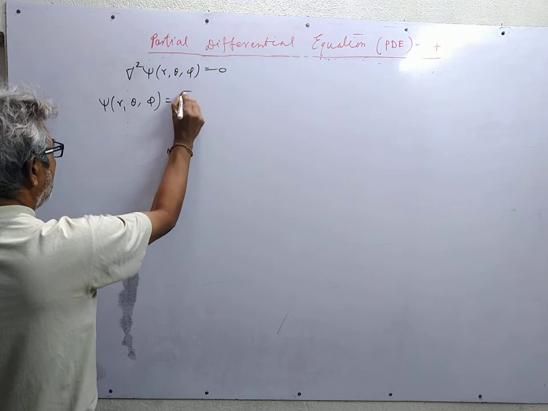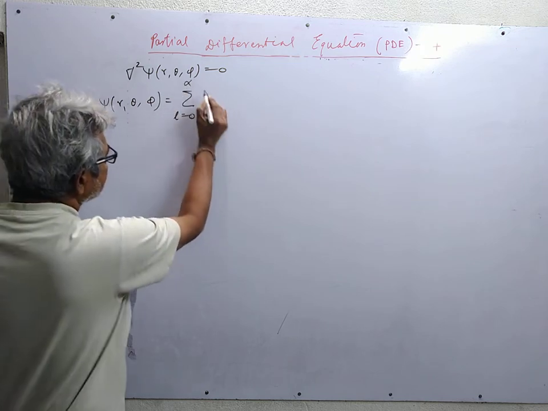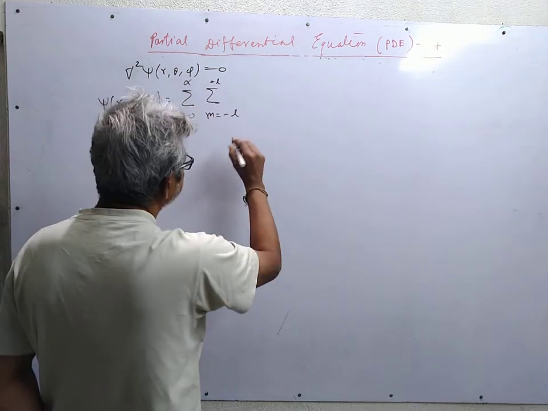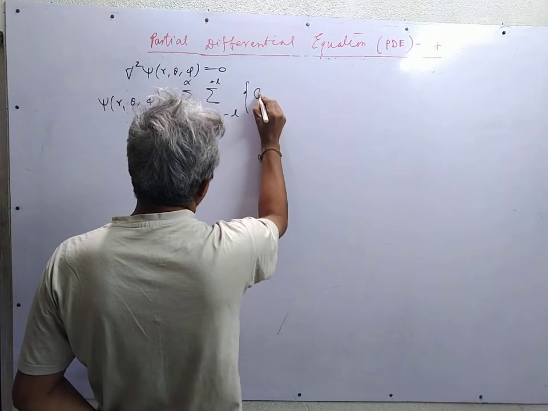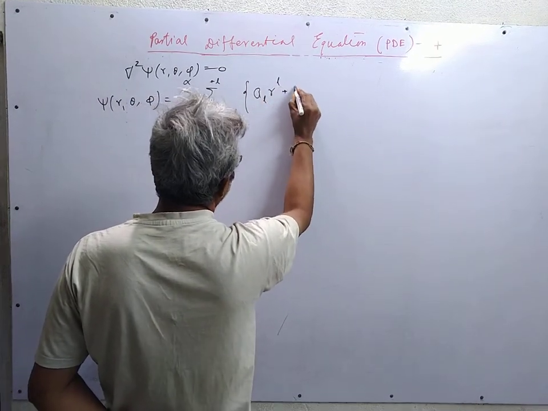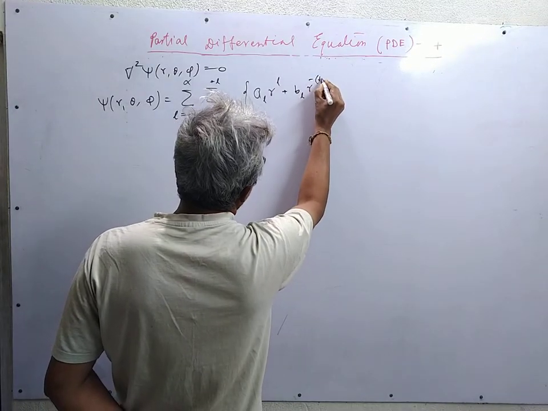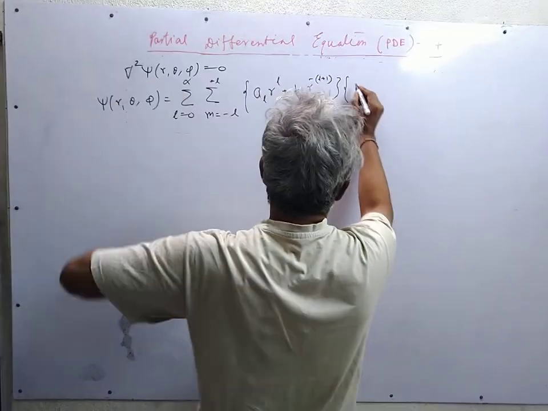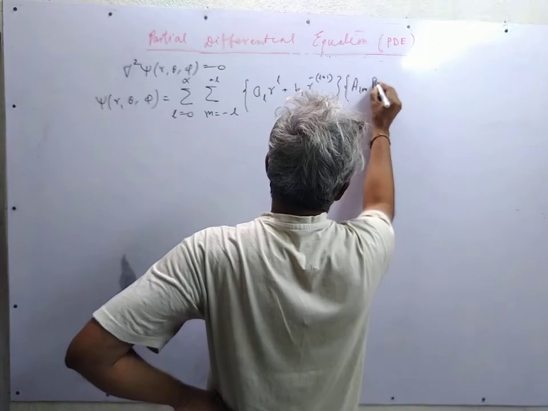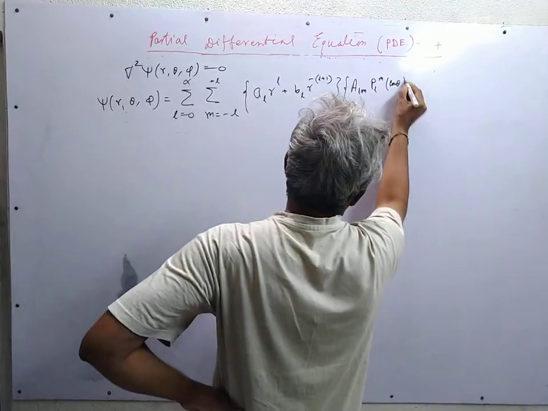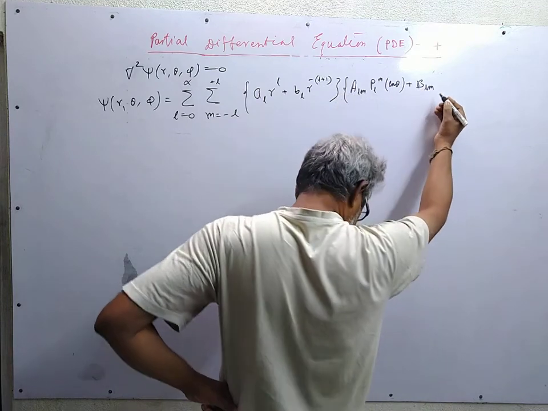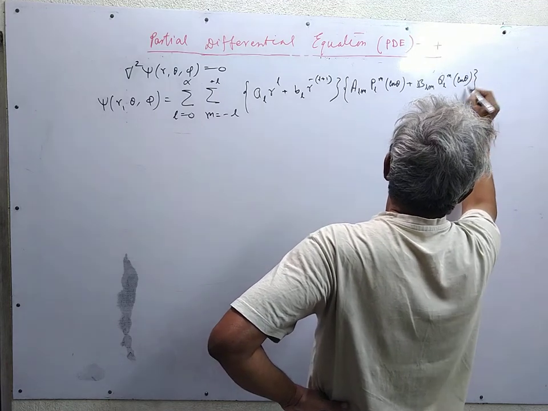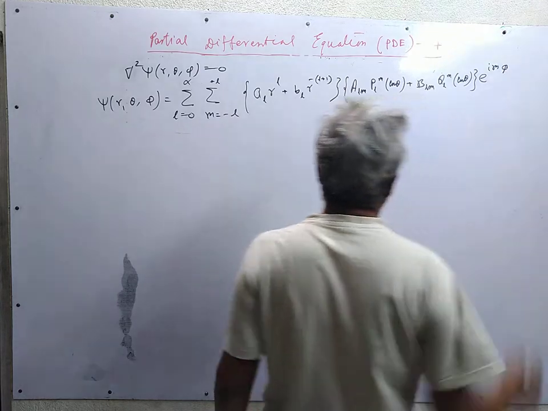The general solution has L running from 0 to infinity, and for a given L, M ranges from minus L to plus L. The radial solution was obtained, the theta equation is A_LM P_LM(cos theta) plus B_LM Q_LM(cos theta), and the phi part is e to the power i m phi.